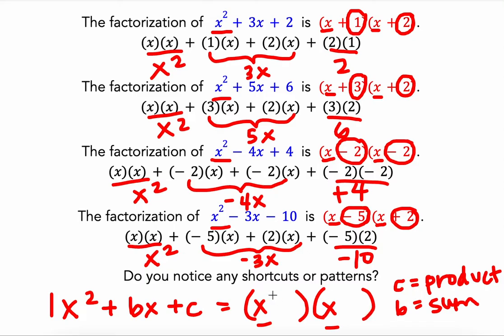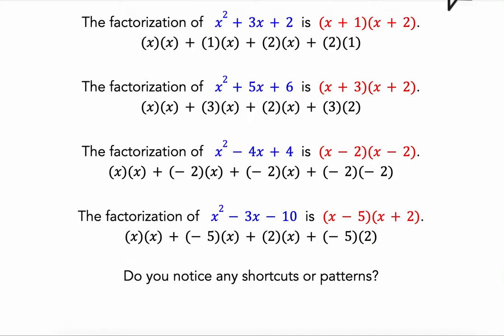And then the two numbers that I choose inside each of the binomials have to multiply to make that third term. And then their sum has to give you the coefficient of the second term. Okay, so let's try some examples together.